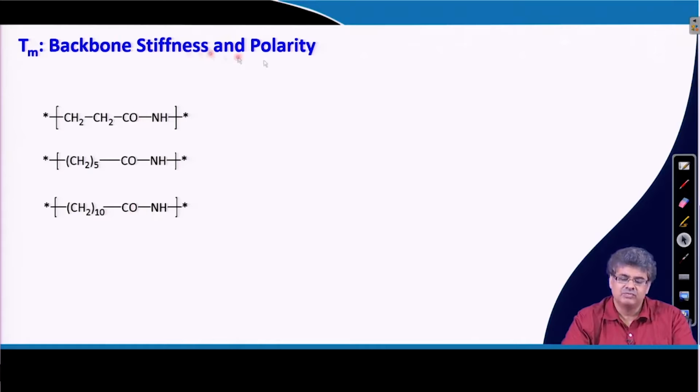So, both factors are working in sync, hence the Tm should be expected to go down as we go from this polymer to this and then this. So, let us see the numbers. This is around 110 to 200 degrees, so 52 and 42 degrees centigrade.